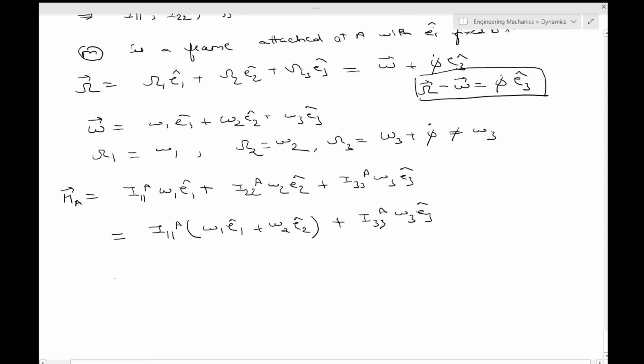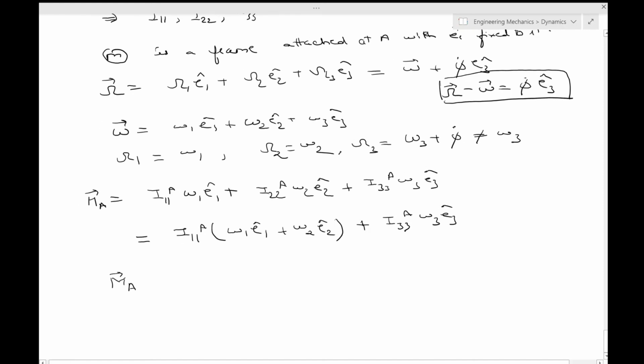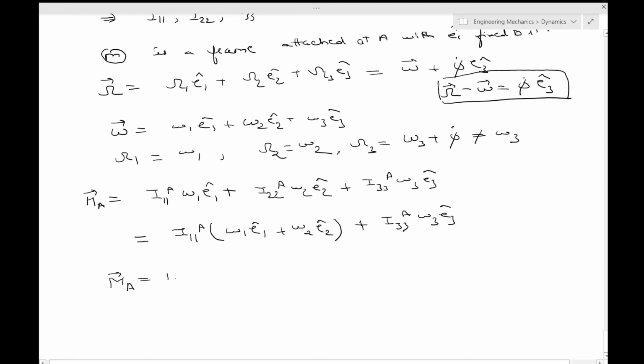Fine. Now we want to apply the Euler's axiom. So that would mean that the I always comes up automatically since the Euler's axiom has been used.